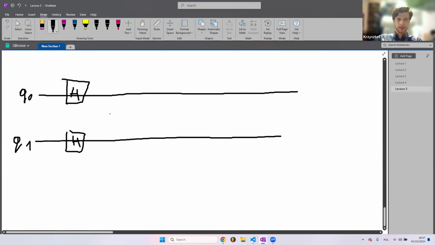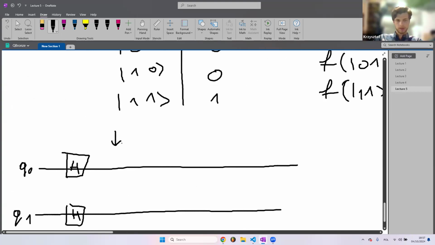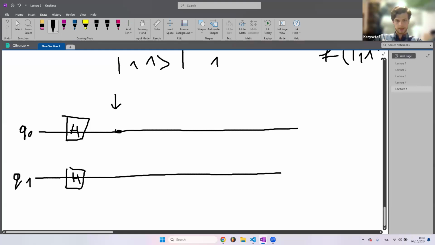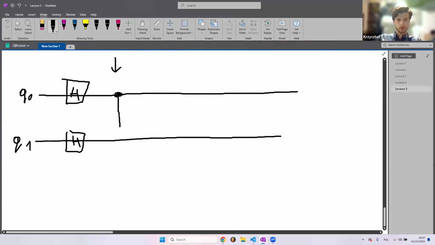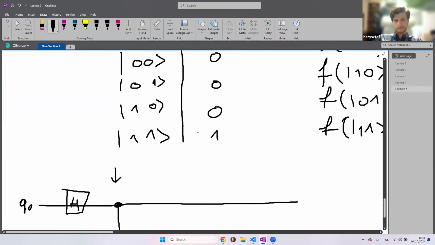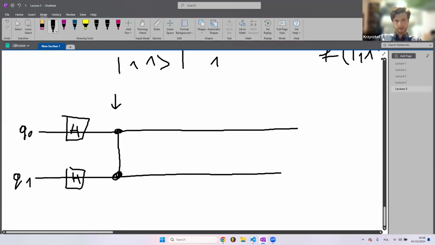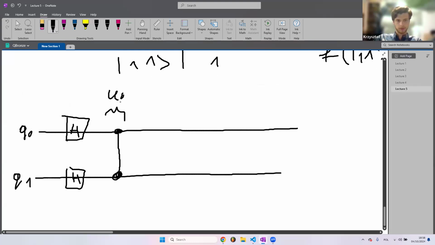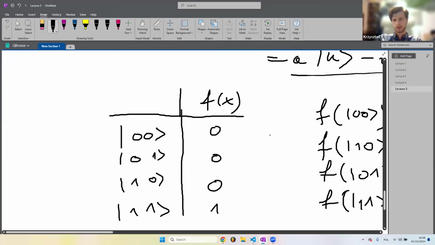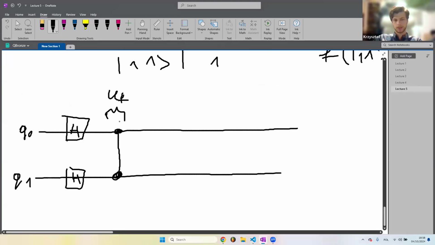Then we apply this operator, and in this particular case, it will be Control Z operator, but we'll call this our oracle UF. We don't know in a real world example what this does, but for the sake of this example, we assume this is a Control Z gate.